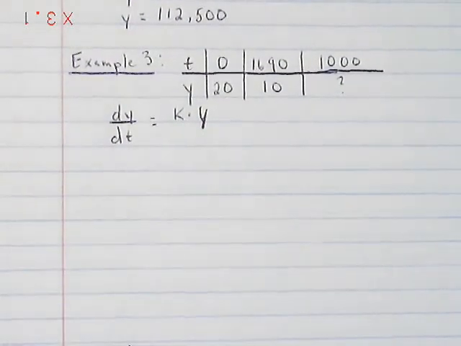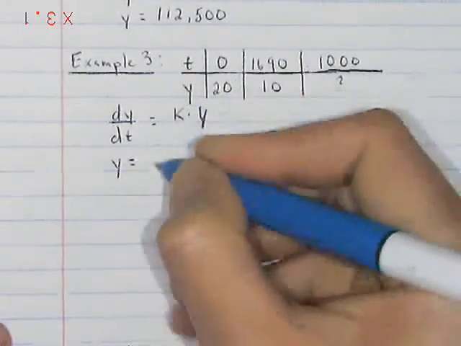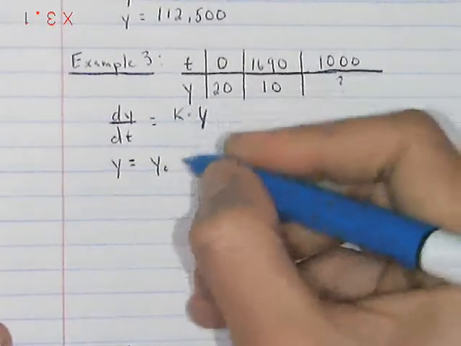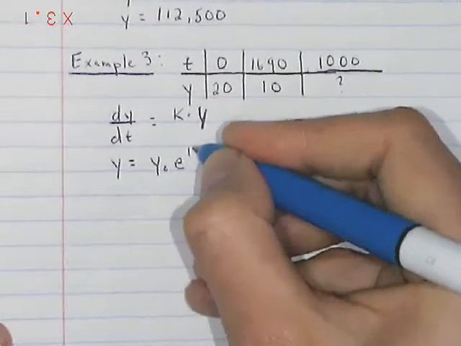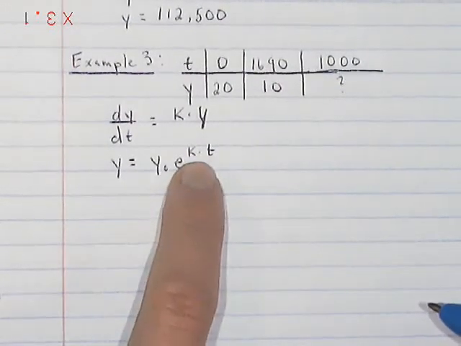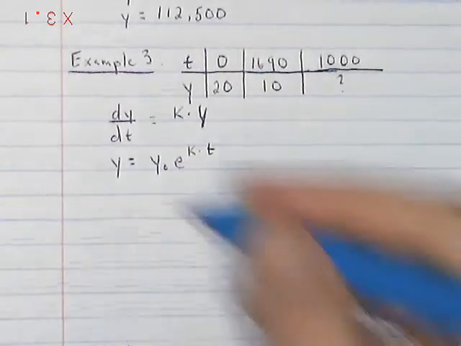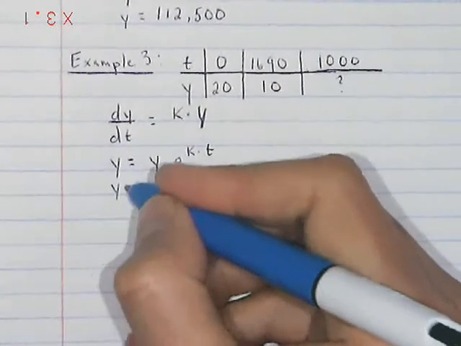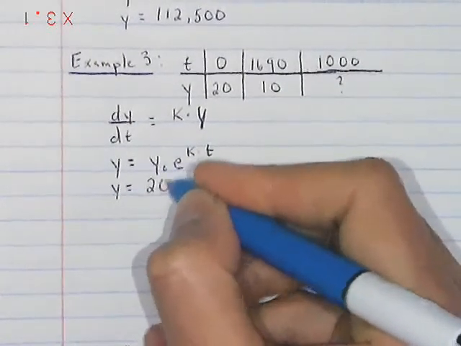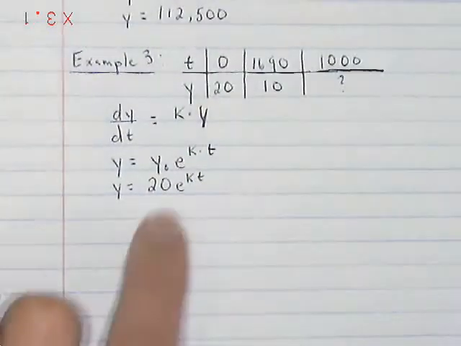Which means that the quantity present at any time will be governed by the relationship y equals y naught times e raised to the k times t. Seen this story before. The only difference is now this k has got to be less than 1. Okay. So we'll go through the same process. We'll plug in our y naught, in this case 20. And go about trying to figure out what the heck is k.